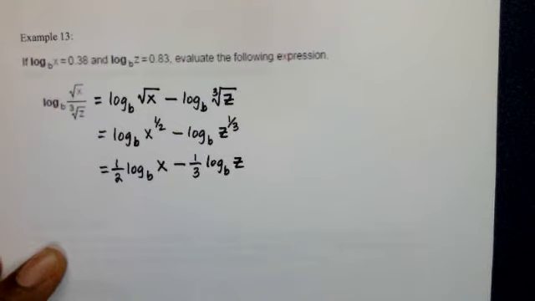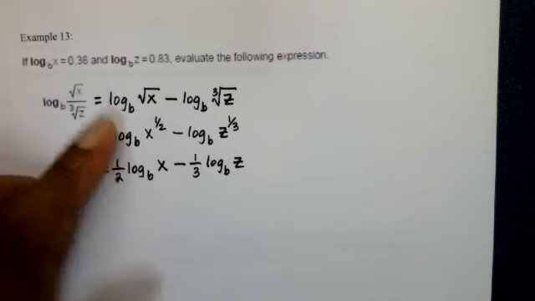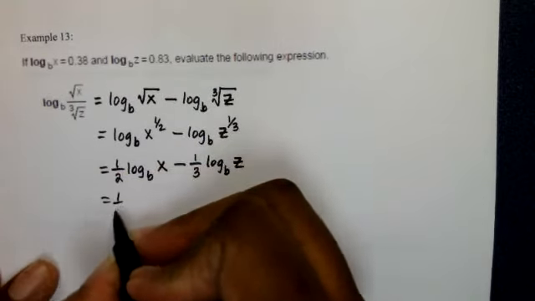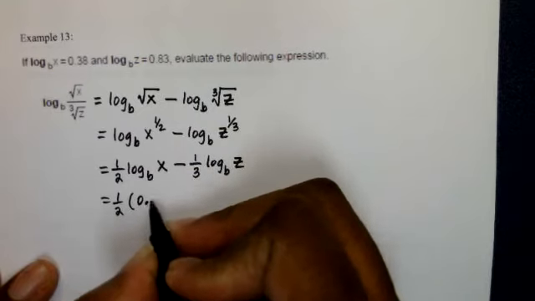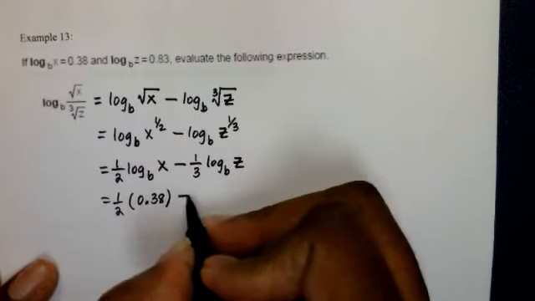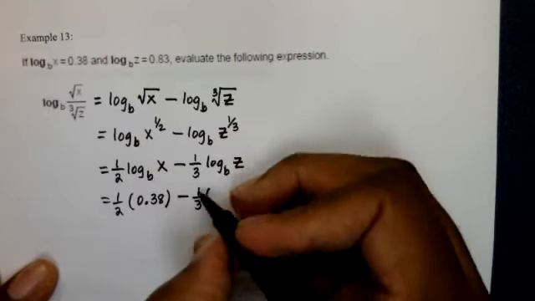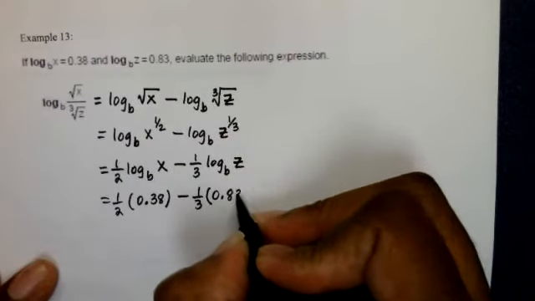Now let's do some substitution here. Log to the base b of x is 0.38. So I'm going to have 1/2 times 0.38 minus 1/3 times log to the base b of z, which is 0.83.